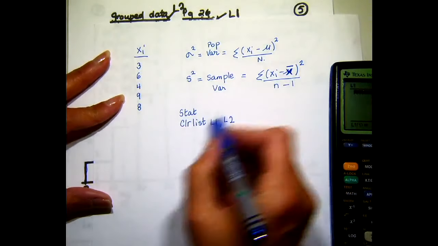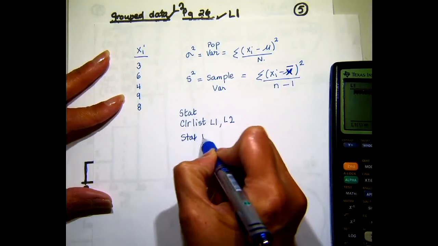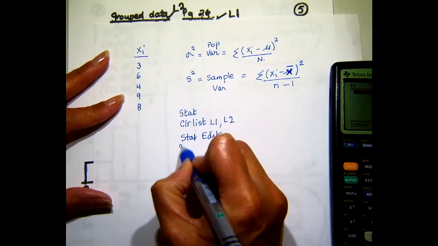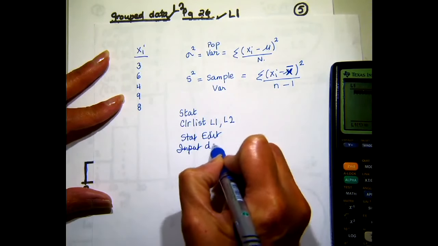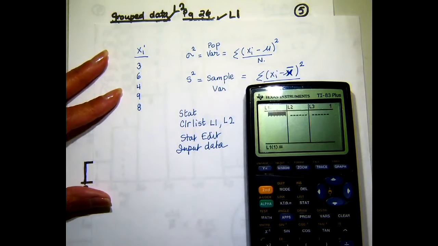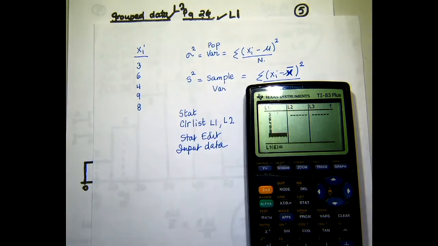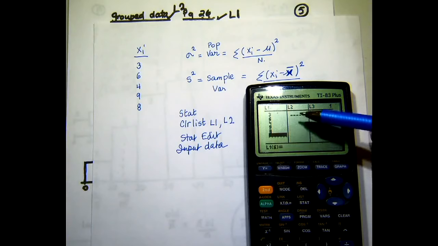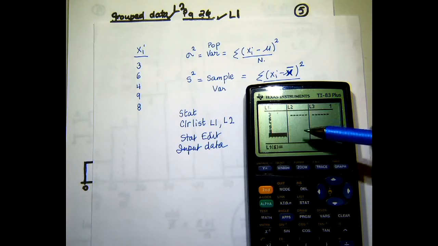So after you do this, you're going to say stat edit and input your data. So this would be 3, 6, 4, 9, and 8. And then if you have a fancy version of TI-83 or the latest TI-84, it's going to ask you for the frequency column also.